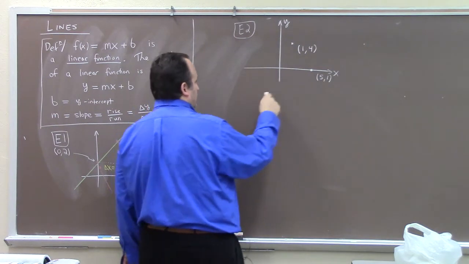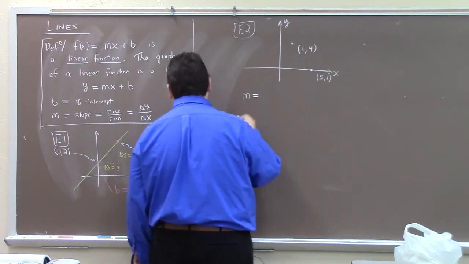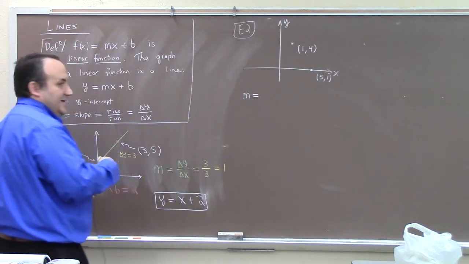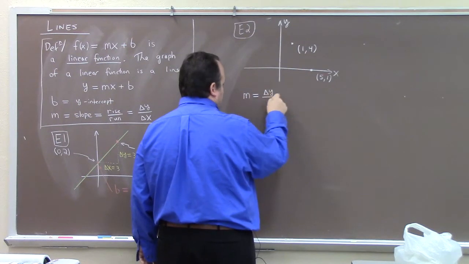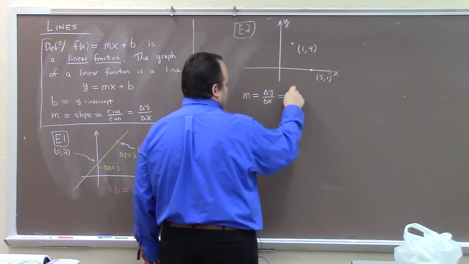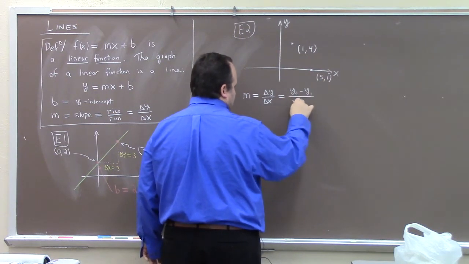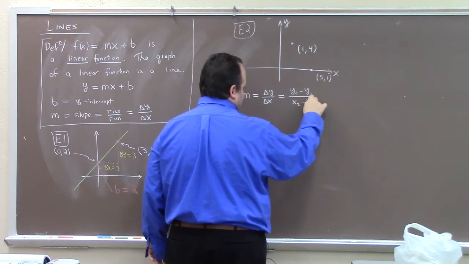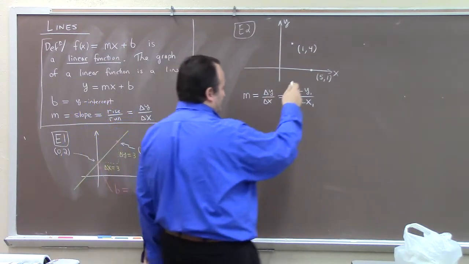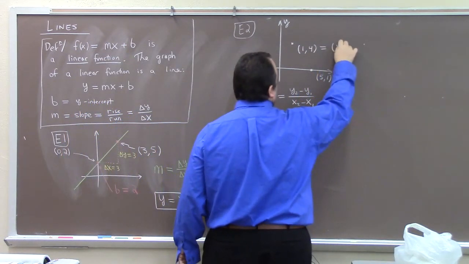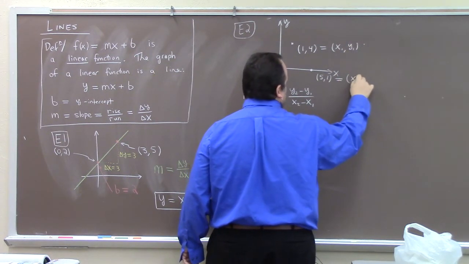Okay, so m, and so, I've written triangle y and triangle x, but how do we actually define those? I'll write them down again here. What that actually is, y2 minus y1 divided by x2 minus x1, right? That gives me the slope going between the 2 points. So I'm saying that this is the first point, and this is the second point.